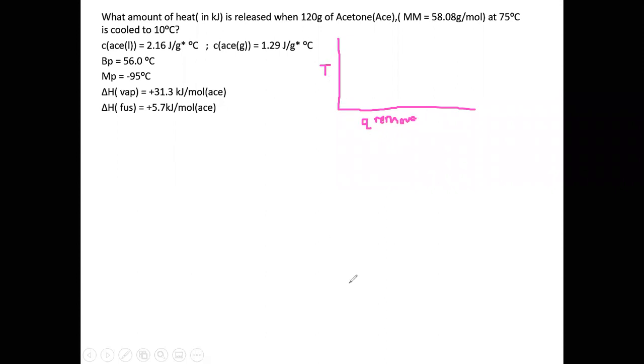So now if we draw our curve, our initial temperature is 75 degrees Celsius. 75 is above the boiling point, so that tells you that we're starting in the gaseous state. As we remove heat, the temperature decreases until the first phase change, which will be at 56 degrees Celsius.